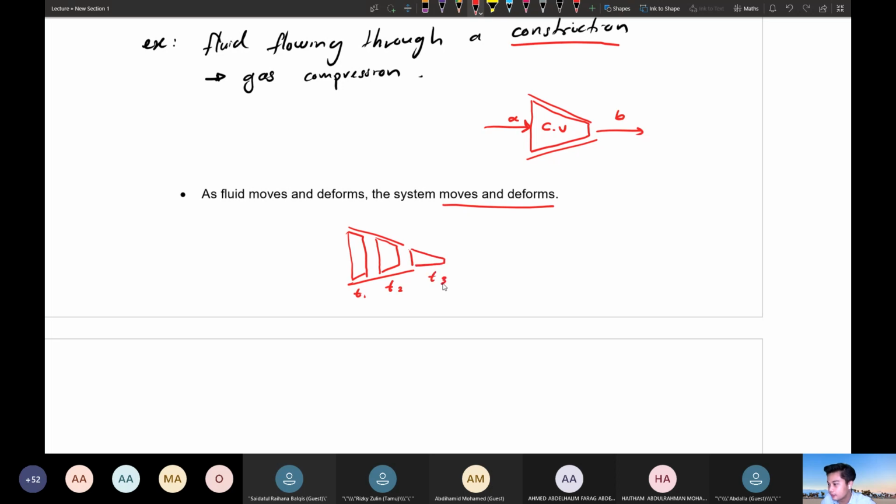Can you see this is the system? The fluid moves and deforms. However, this is the control volume, where we focus only on the specific region. Okay, it is always fixed. It is the space, the area that we focus on. The system will deform.